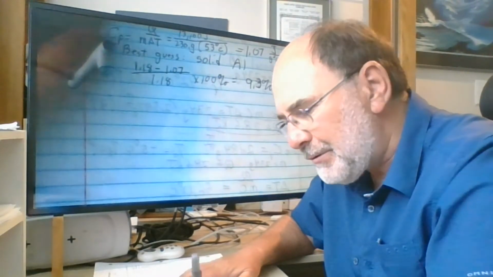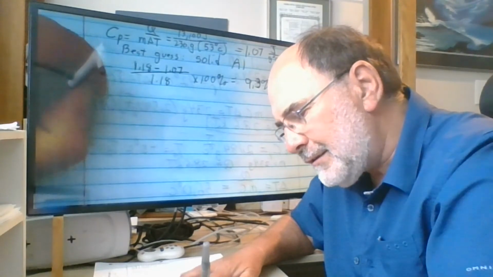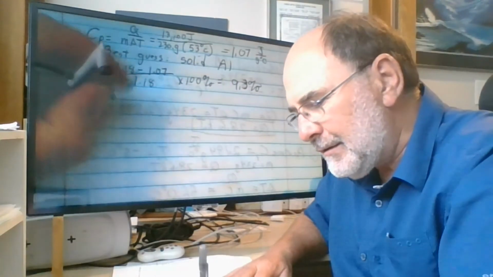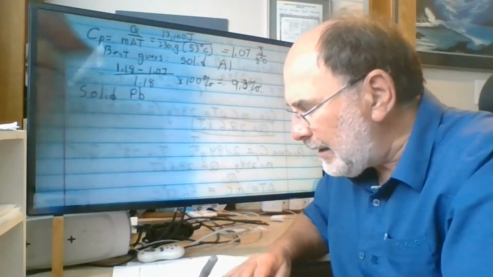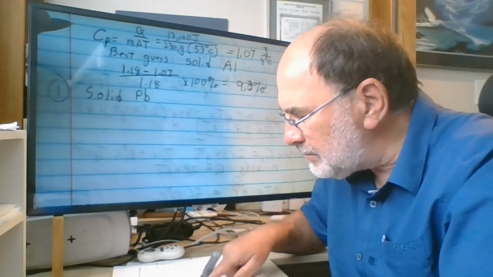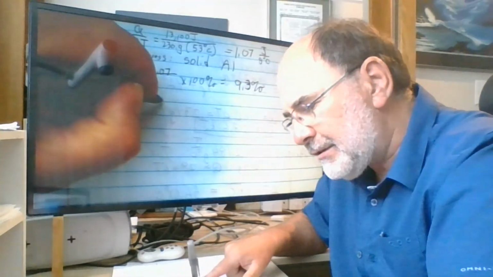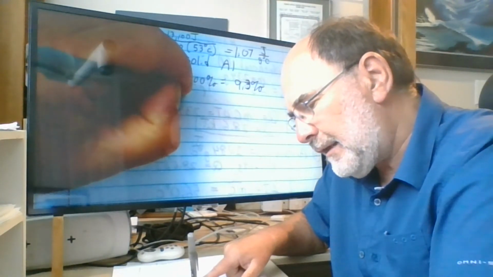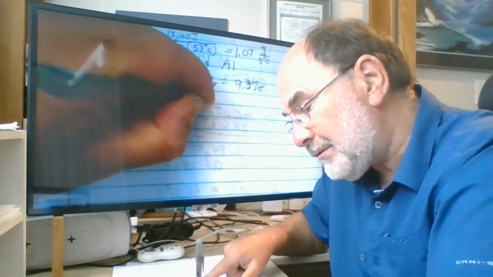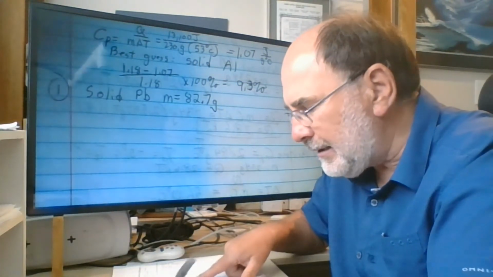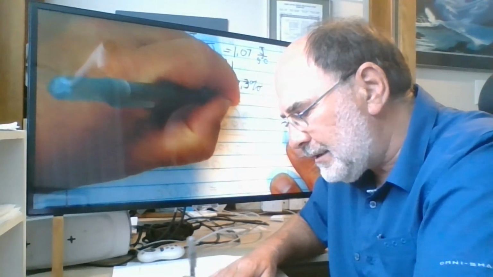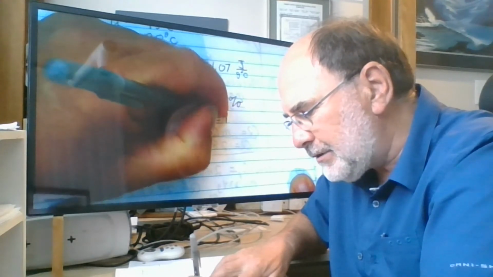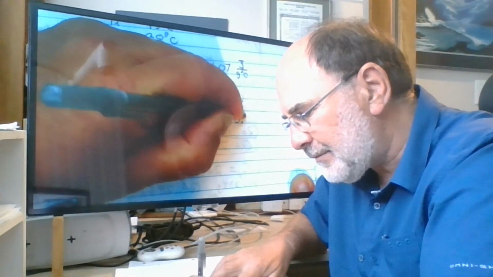Suppose I have, let's call this practice 1, solid lead, at a mass of 82.7 grams, and the initial temperature is, I want it to be hot enough to melt lead, 110 degrees Celsius.